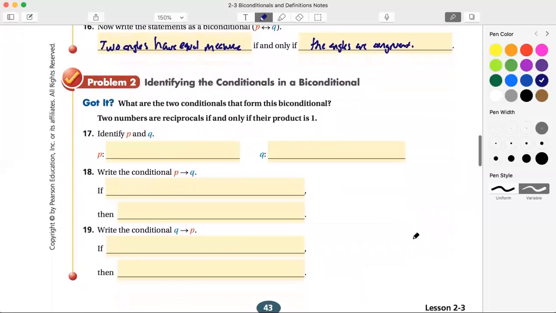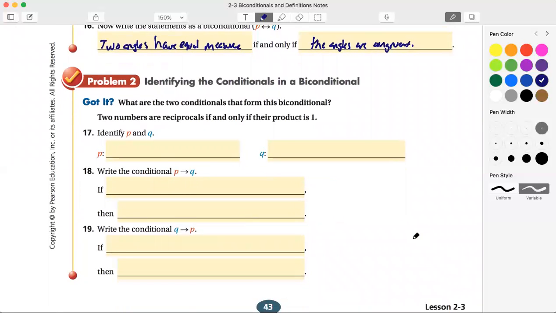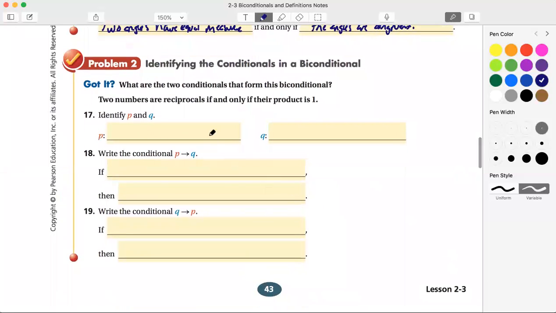How about: two numbers are reciprocals if and only if their product is 1? Identify the P and the Q. So the P: two numbers are reciprocals. And the conclusion here: their product is 1.